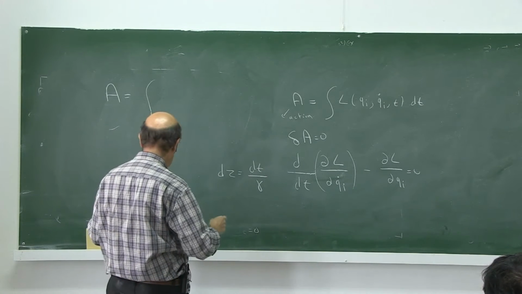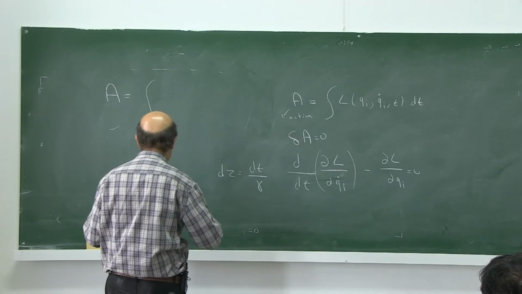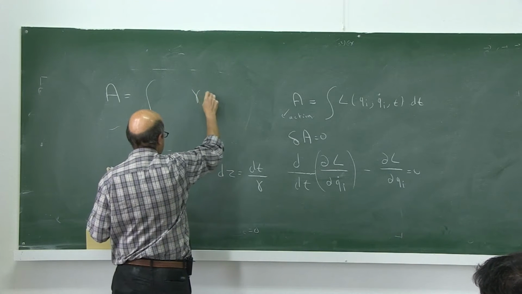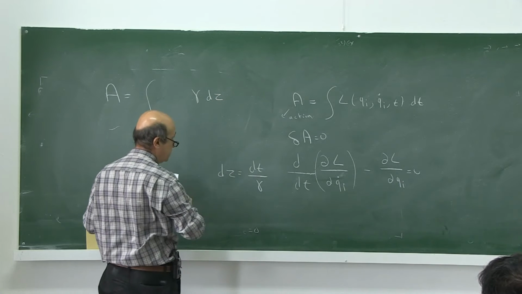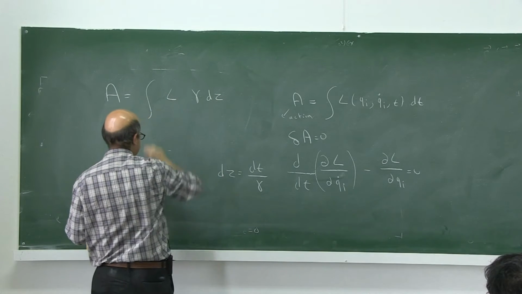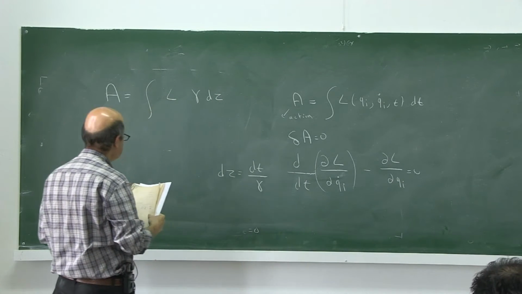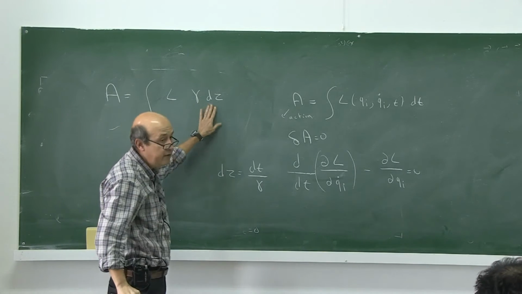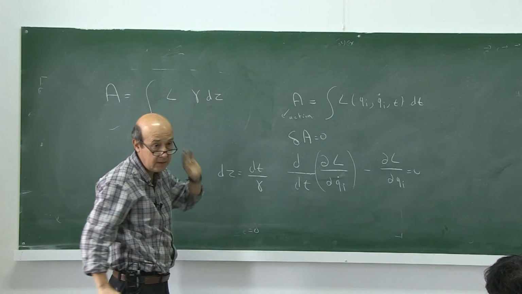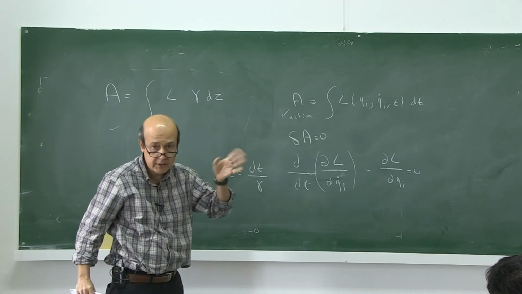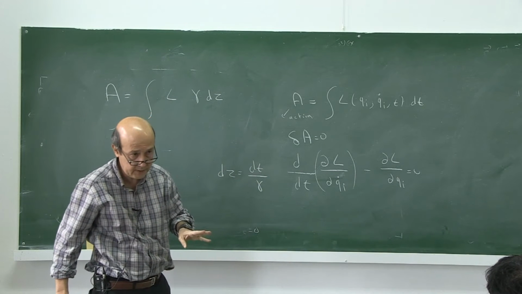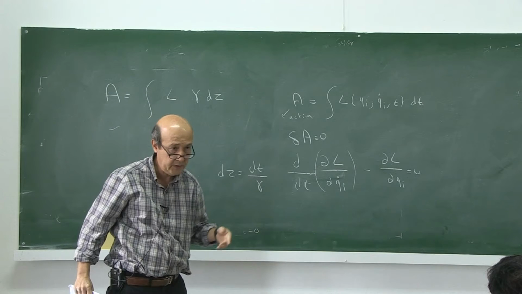So instead of dt, you can write gamma d tau times the Lagrangian. Now d tau is invariant, gamma is variant. Different observers have different gammas; gamma is related to the velocity.